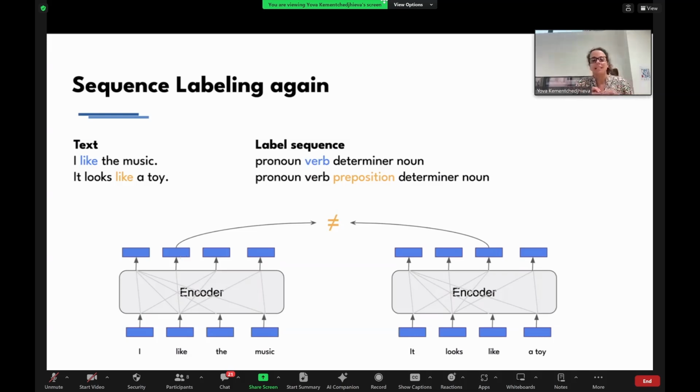They will be similar because the underlying word embeddings that we're passing to the encoder carry conflated information about the occurrence of these words in the full text corpus, but they will be different because one is observed in the context of I like the music, and the other one is observed in the context of it looks like a toy, and this information is now embedded inside of the contextualized representation of the word.